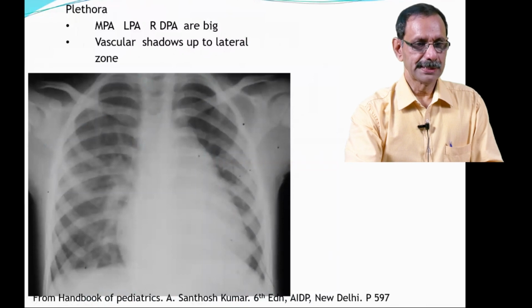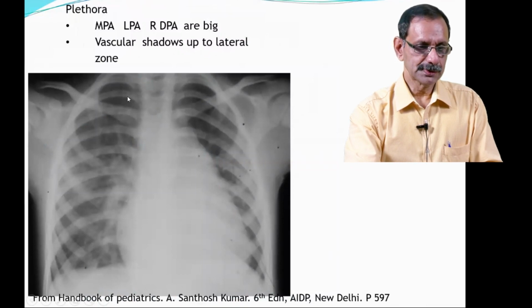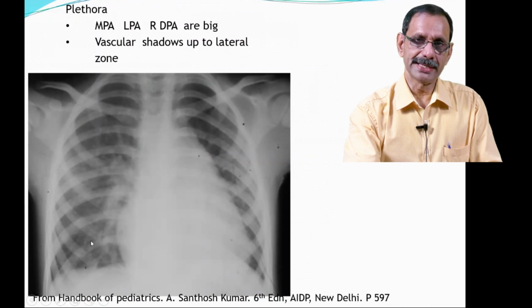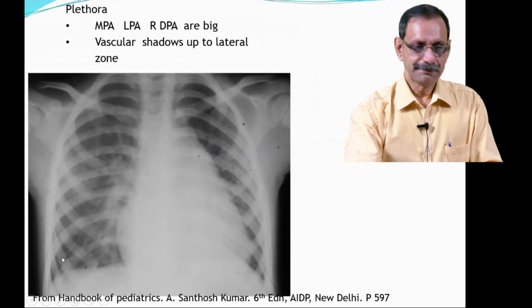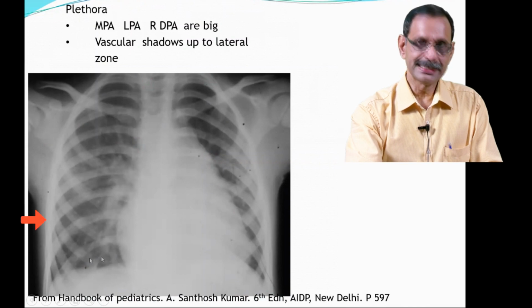This is pulmonary plethora. See, normally the upper zone and lower zone compared, the lower will be more opaque, because by gravity here more blood will stagnate as compared to this area. But here the problem is, see, this lateral part appears as dense as the medial part. That is not expected.